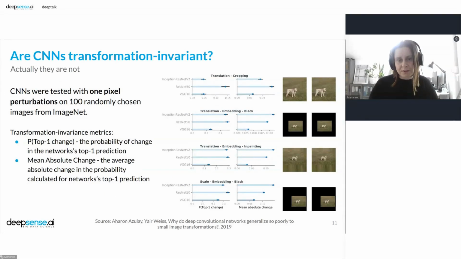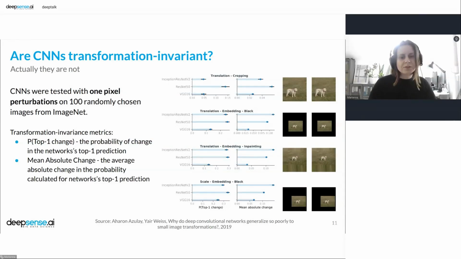Here we can see a different type of test. It was performed on 100 randomly chosen images from ImageNet. Those images were perturbed in different ways. There were specific scenarios, but what is most important to interpret the results is that the difference between compared images is on the order of 1 pixel.